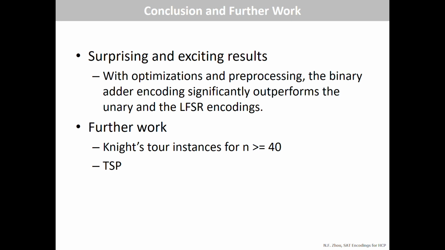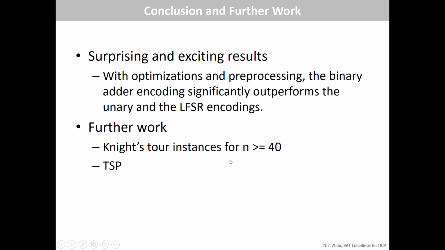There is a lot of future work to do. For example, although for some of the instances used in the competition the binary add encoding is competitive with CP solvers, it performs poorly on the knight's tour problem.